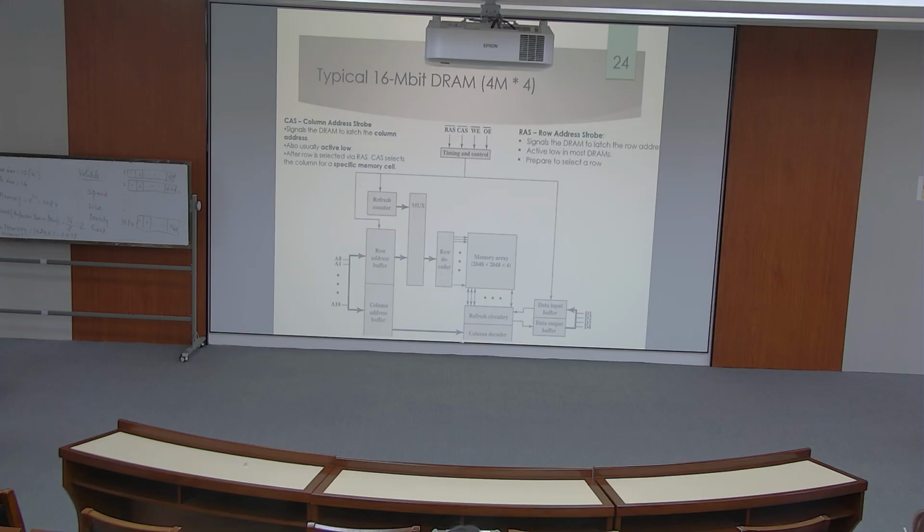That means each word is 4 bits, and we have address lines which are enough to access the 4 million words. So at each time, the processor will select one word out of millions of words.